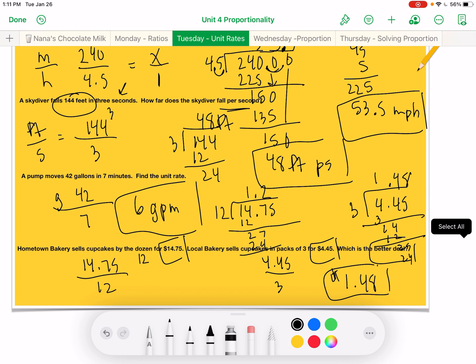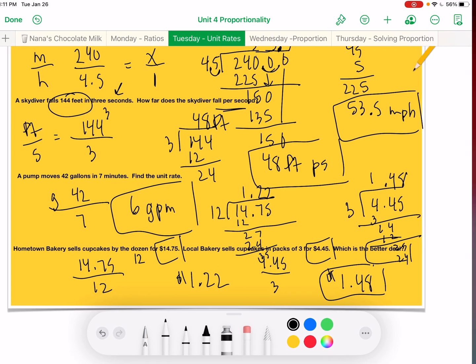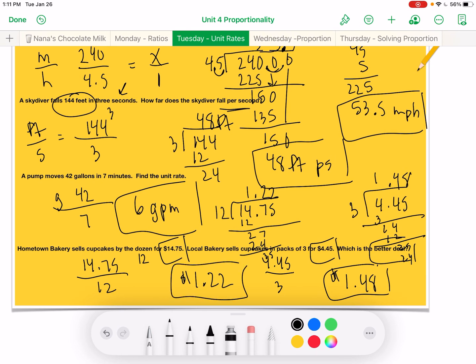I am going to finish. $1.22. So which one is a better deal? Hometown Bakery is less expensive. Hometown Bakery. Excellent, thank you.